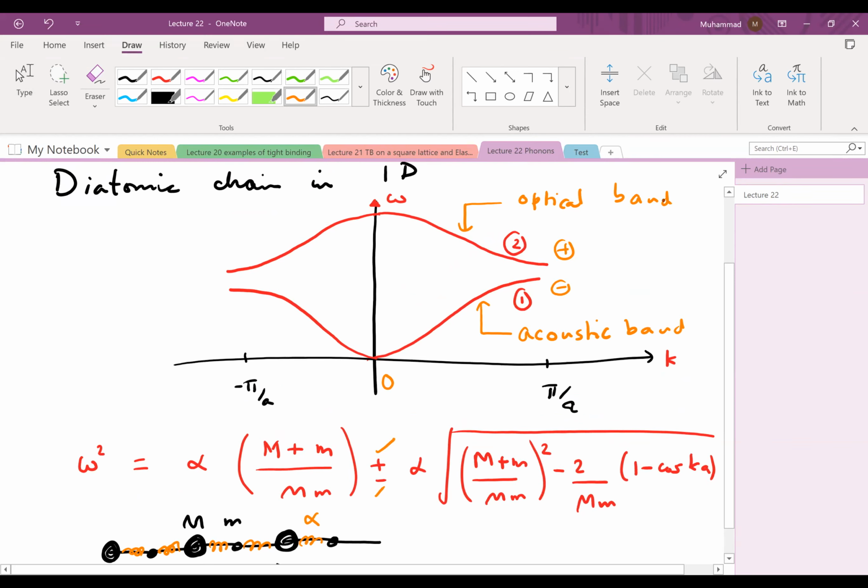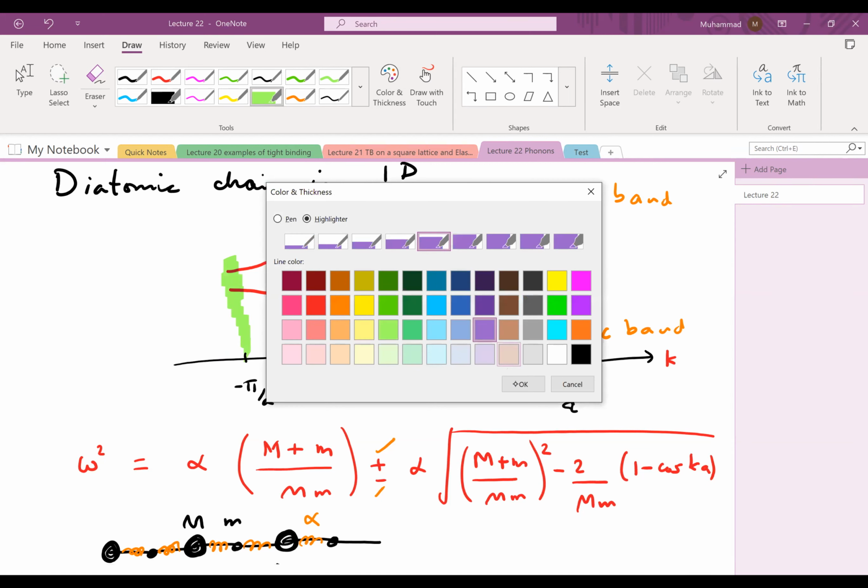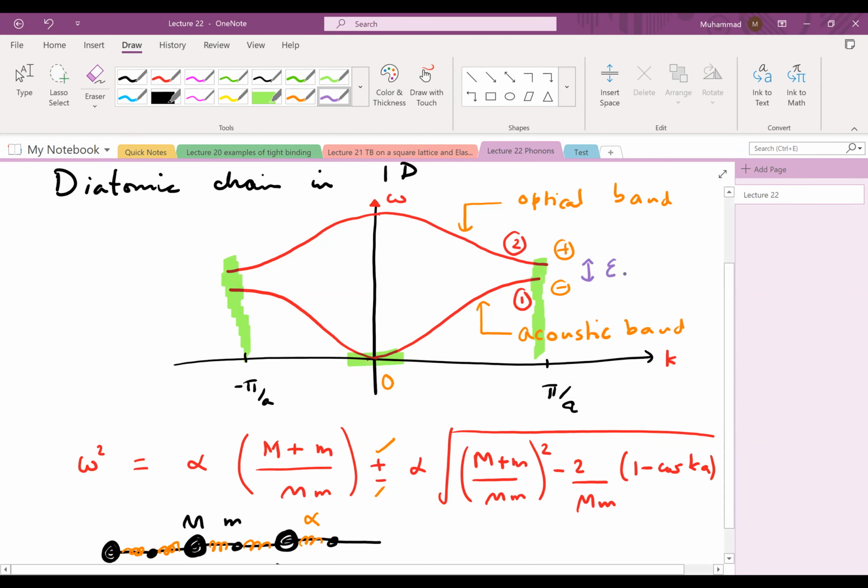But if you look at the bands, there is a special behavior near the k equals 0 point, and a special behavior at the boundaries of the zone. And we also find out that there is going to be a band gap between the acoustic and the optical phonons.